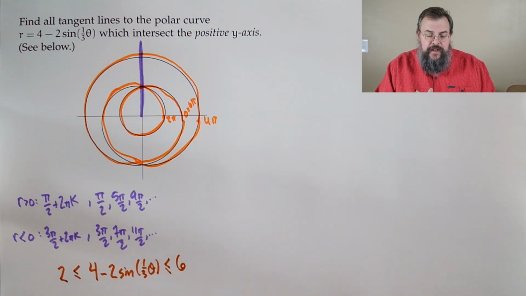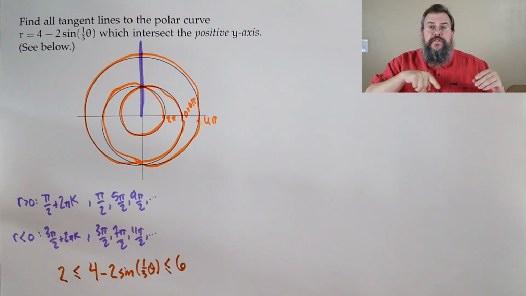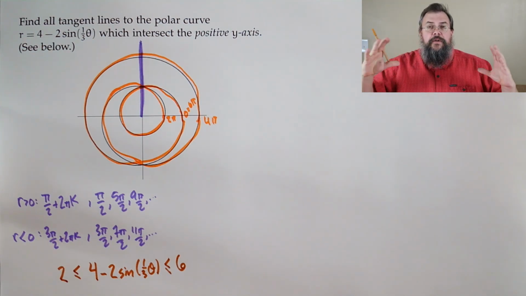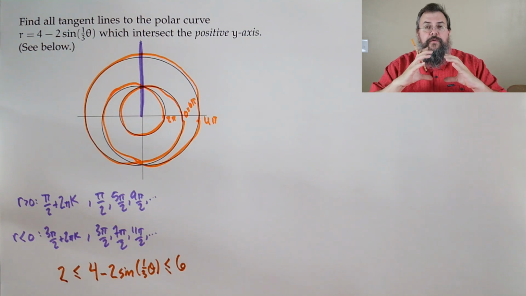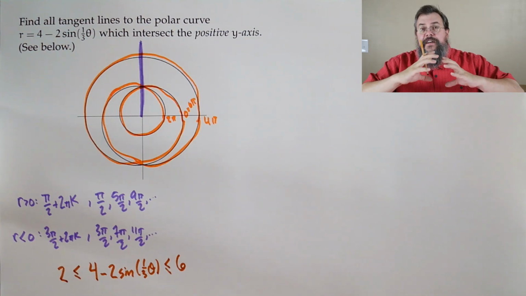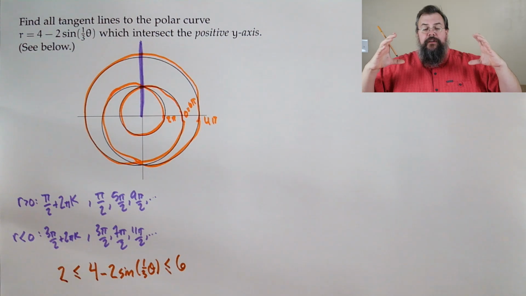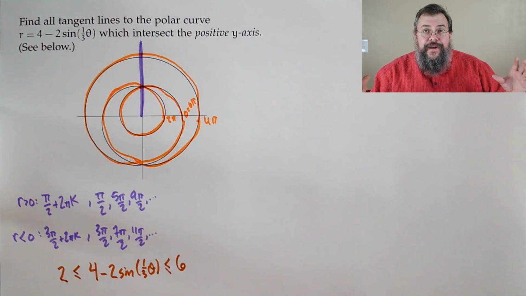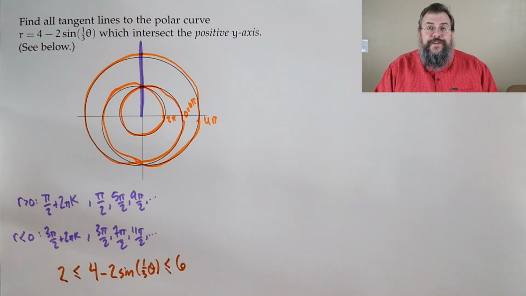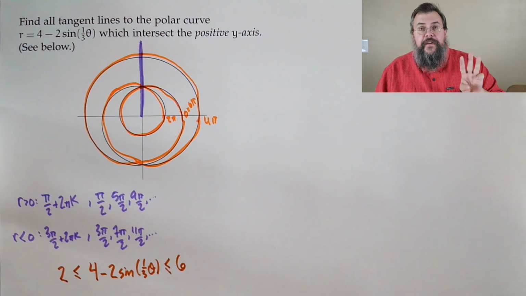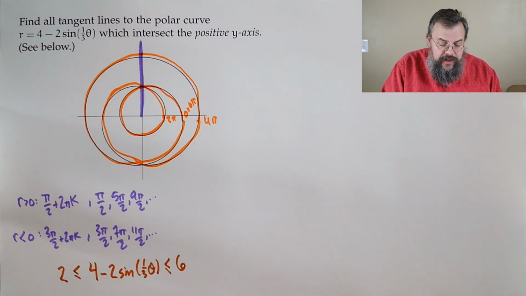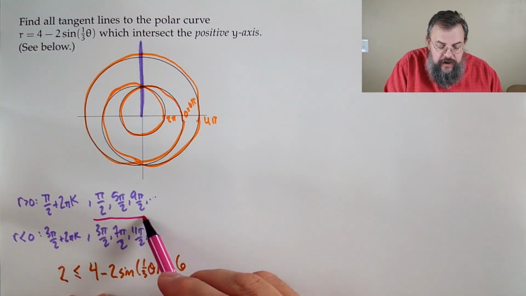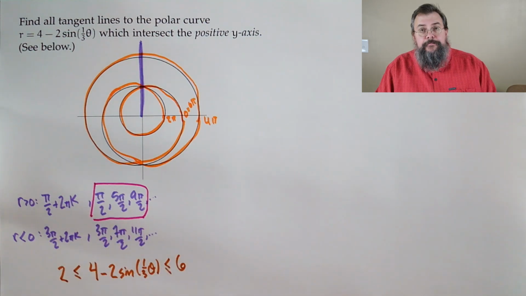In particular, it says, look, this curve, whatever it's doing as it's doing its loops, will never get closer than 2 away from the center, and it will never get further than 6 away from the center. And in particular, r is always positive. So, since we know we have to go around 3 times, and we know r is always positive, that tells us there are 3 values for theta we need to focus on. So these are our 3 values for theta.